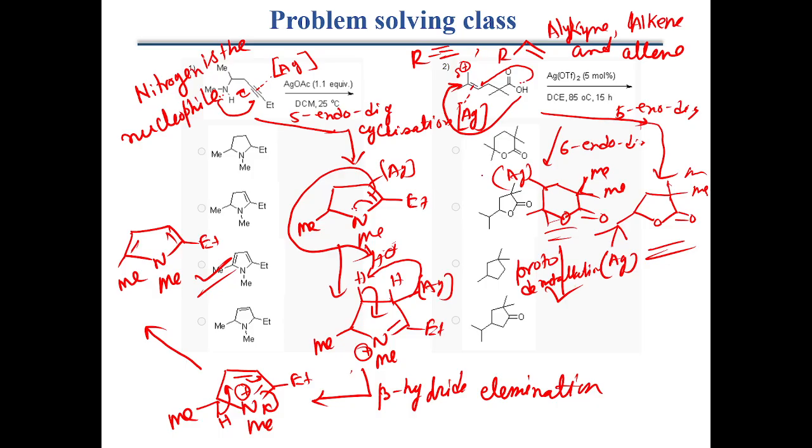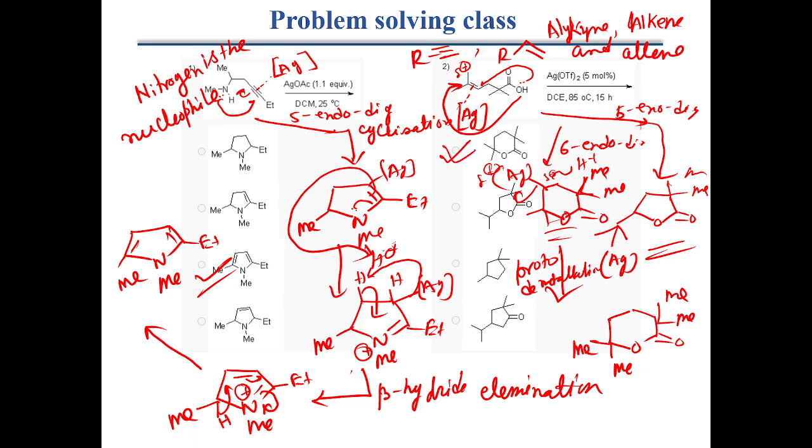This is partially positive, this is partially negative, so it will react with the proton and liberate the silver and generate this product. So this is the right product, and the right answer is this one.